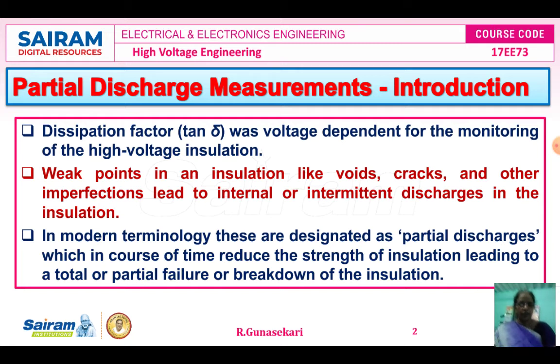These imperfections, being small, were not revealed in capacitance measurements but were revealed as power loss components contributing to an increase in the dissipation factor. In modern terminology, these are designated as partial discharges, which in course of time reduce the strength of the insulation, leading to a total or partial failure or breakdown of the insulation.